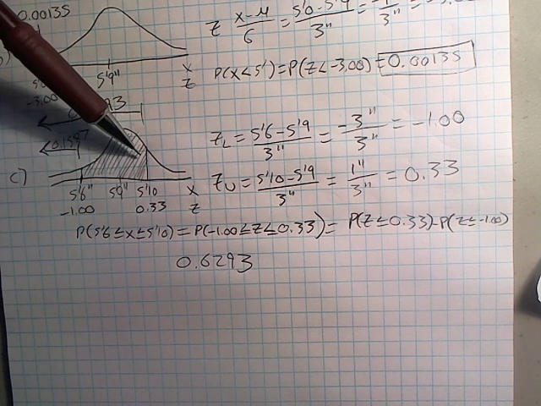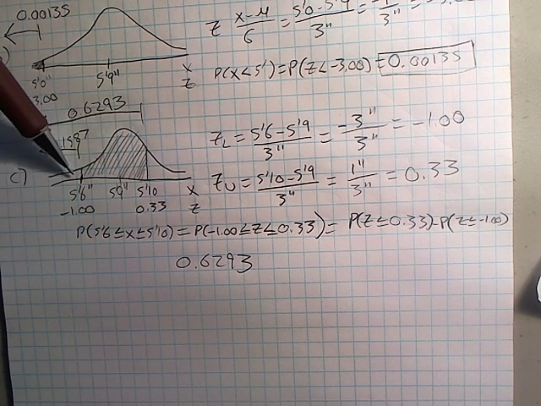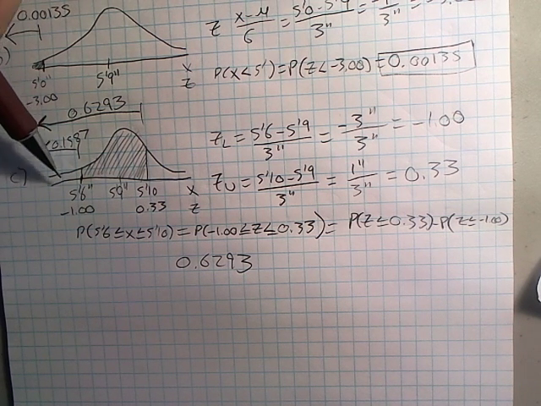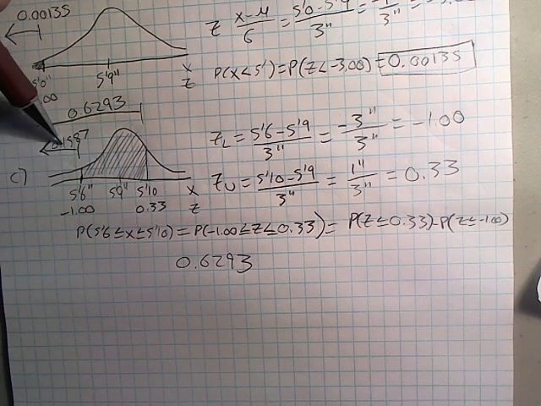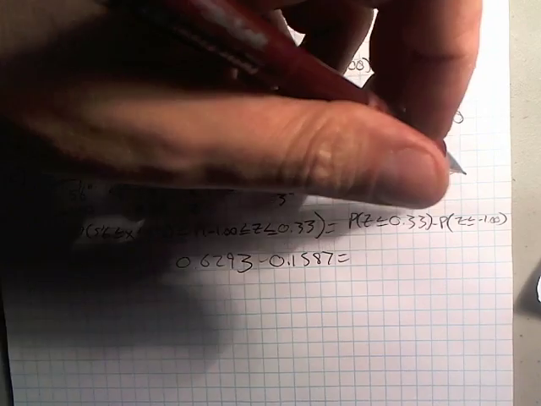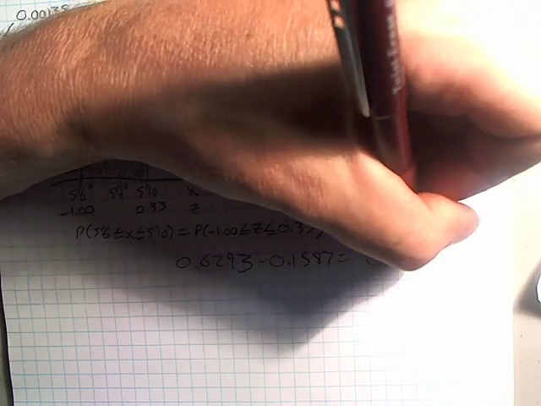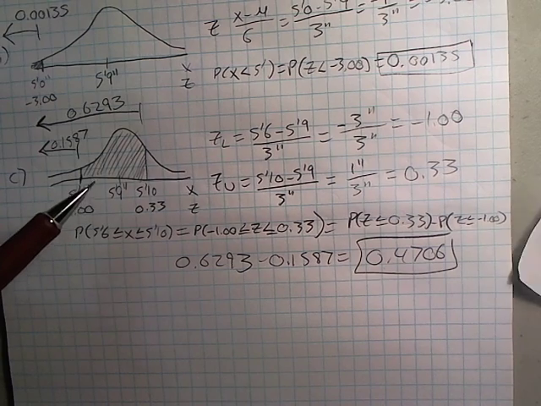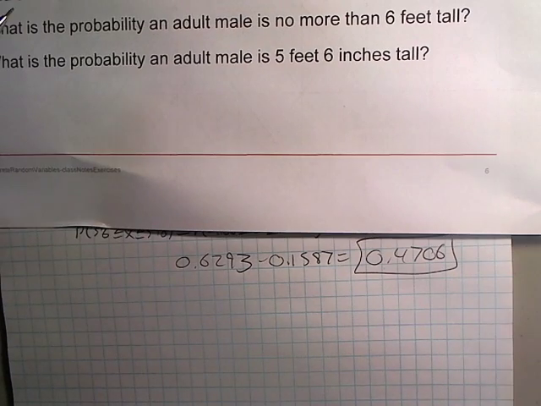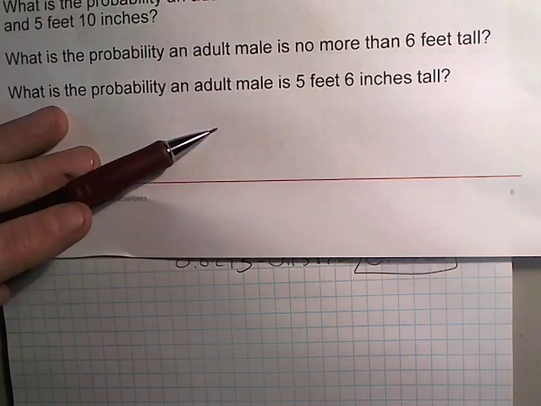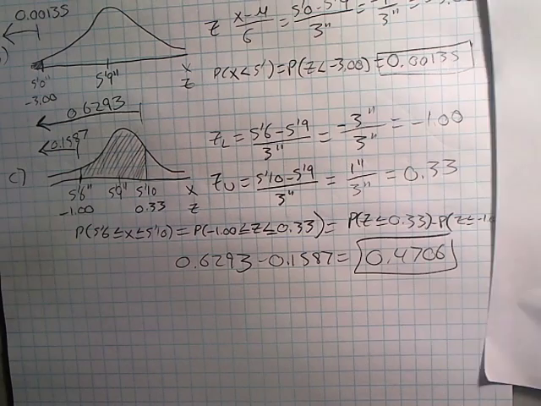That represents everything to the left of our upper value of interest, as well as everything below our lower boundary of interest. So what we're going to do is subtract the tail area that we don't want, which we know to be 15.87%, and in doing that math, 47.06% of males can be expected to be between 5'6" and 5'10".